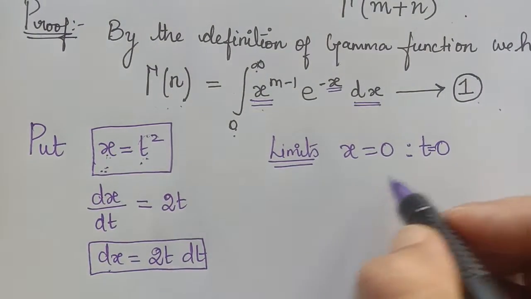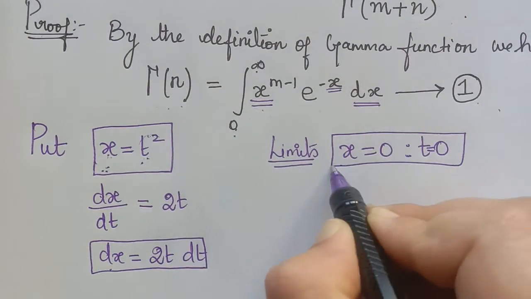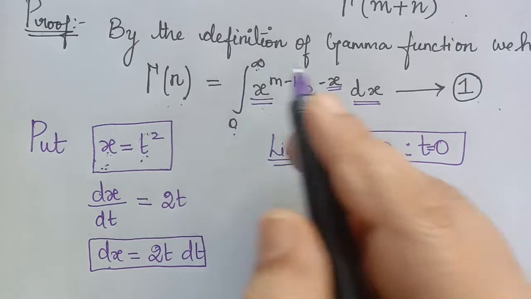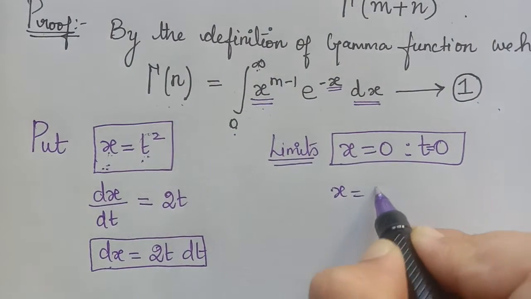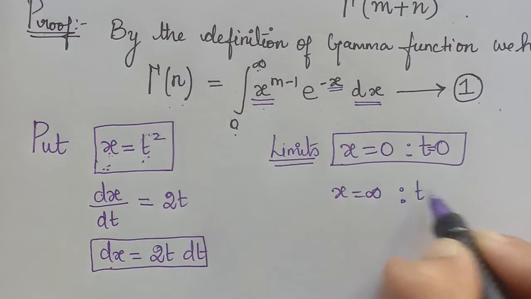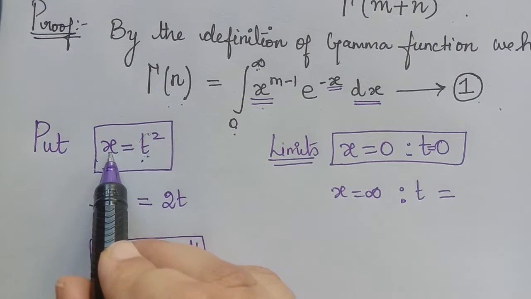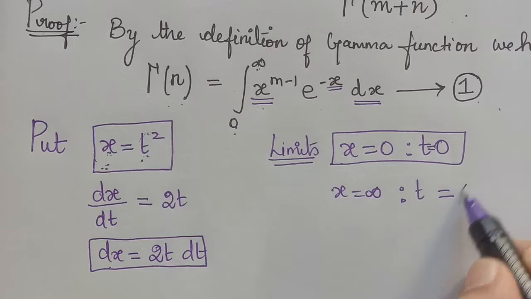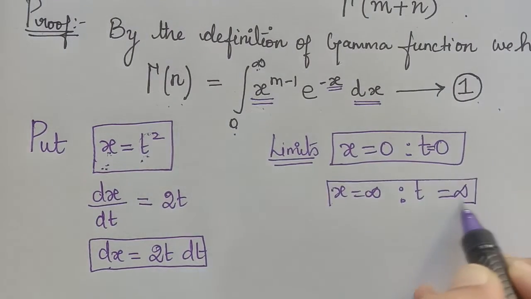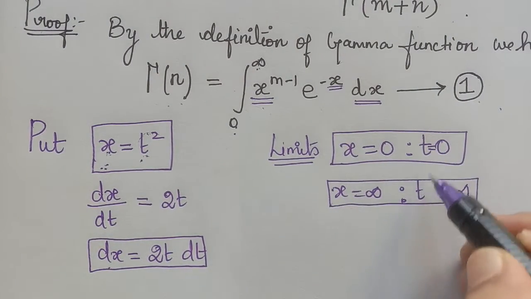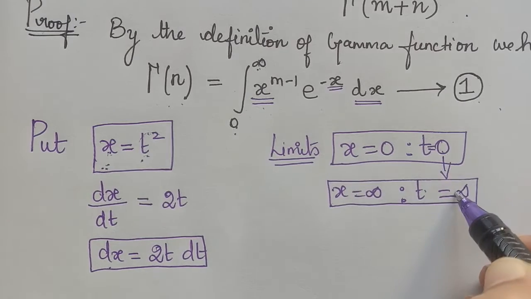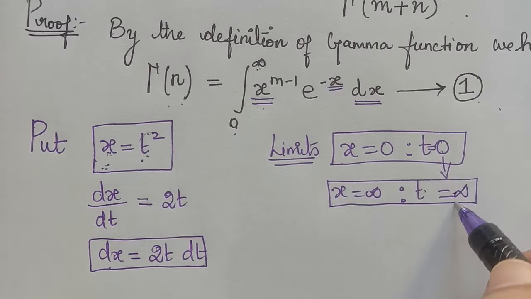This is the first limit. The second limit is infinity. When x is equal to infinity, t will also be equal to infinity. So as x varies from 0 to infinity, the value of t also varies from 0 to infinity.